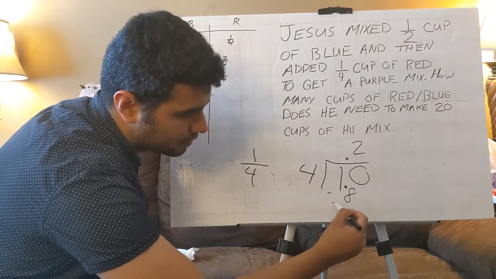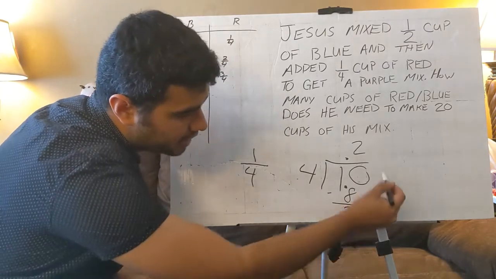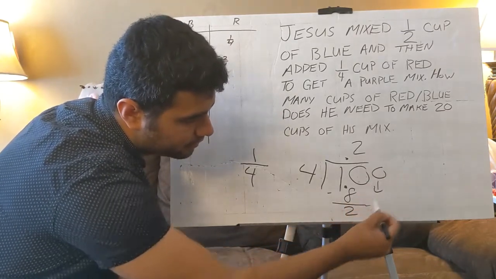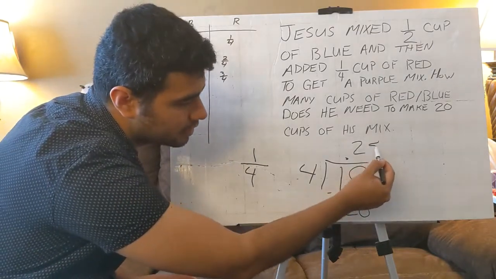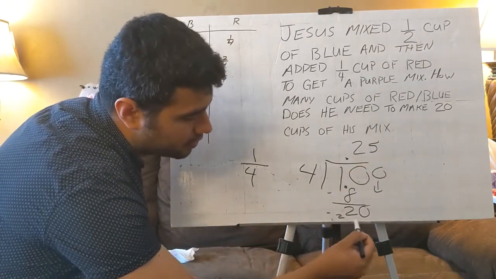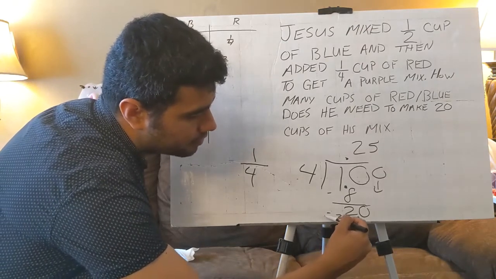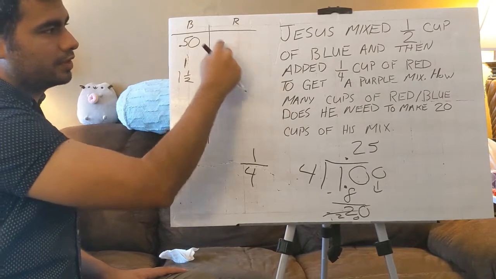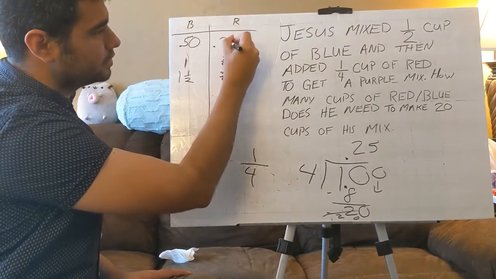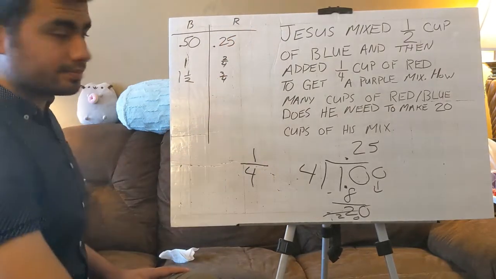We will get 8, and then we'll get 2. Add another 0 over here, bring the 0 down. 0, 4 goes into 20 5 times. Okay. And then we won't have anything left over. Okay, so my 1/4 changes into 0.25.